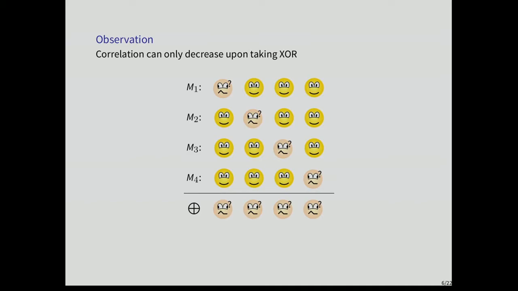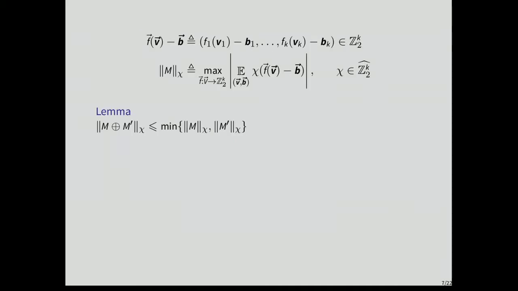So how do you say that it is uniform? We look at the Fourier coefficients of this random variable.